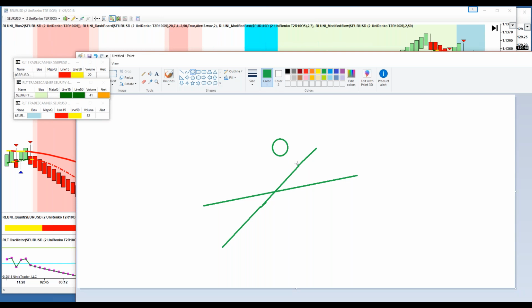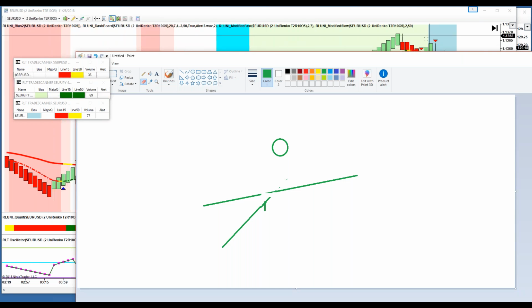And again, just to, I can't get that out. I'll use the eraser here. If the 15 hasn't crossed the 50, it's a weaker trade, and you get cyan.